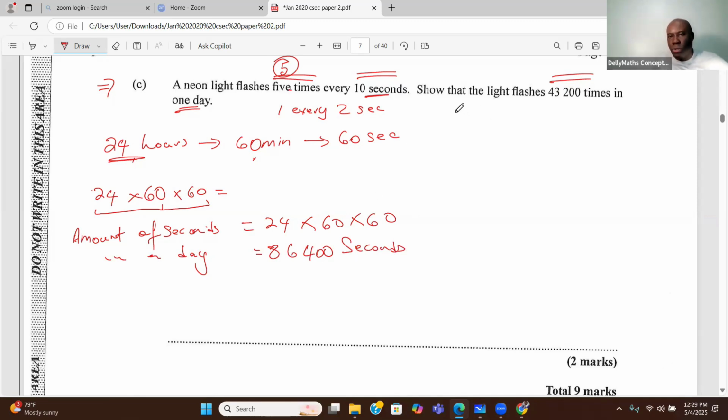Now, the question wants you to show that the light flashed this amount of times in a day. But remember, we saw that it flashed once every 2 seconds. We took that 5 to 10 and said it's the same thing as 1 to 2. So all we're going for now is just the number of flashes.